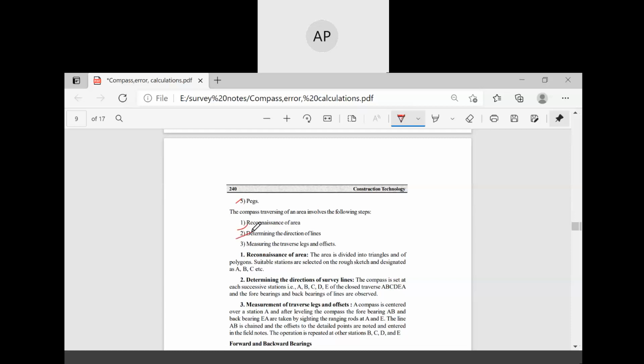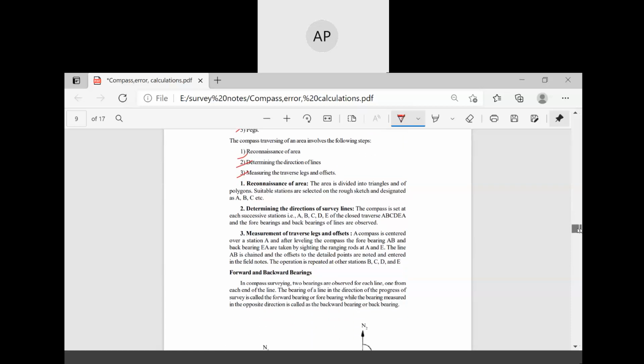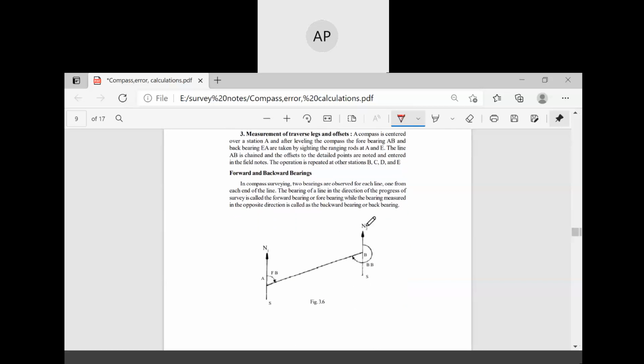Next, determining the direction of the lines, then measuring the traverse legs and offsets, and forward and back bearings. I have told you what is forward bearing and what is back bearing. Okay.